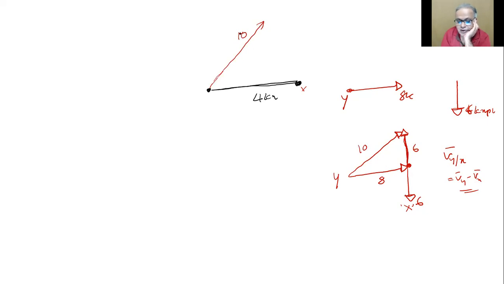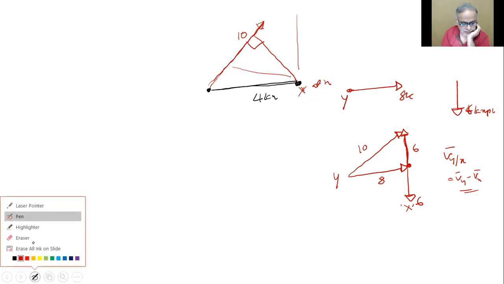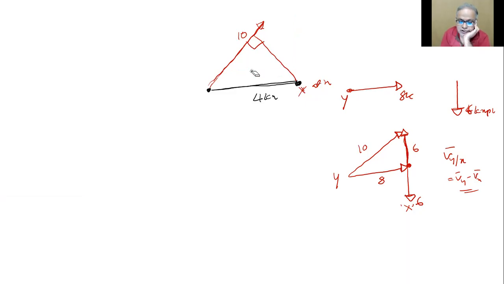Now, when is it the closest distance? X is at rest here. Y is going like that with 10. So the perpendicular distance is the shortest distance. Isn't it so? This is not shortest. That's not shortest. So I'll remove this.